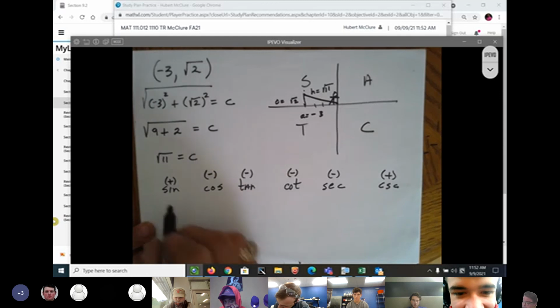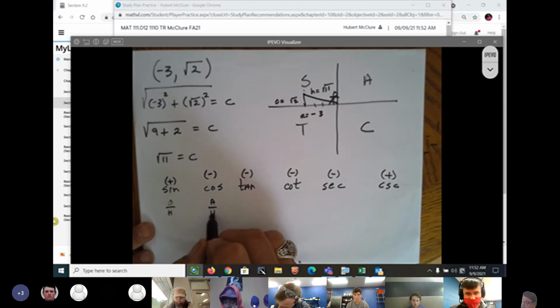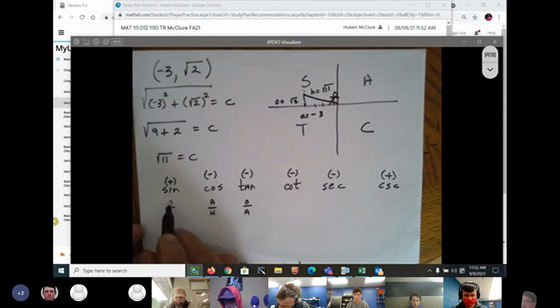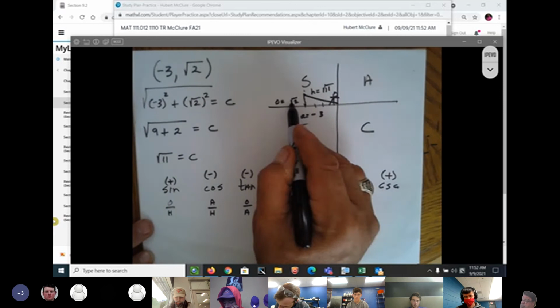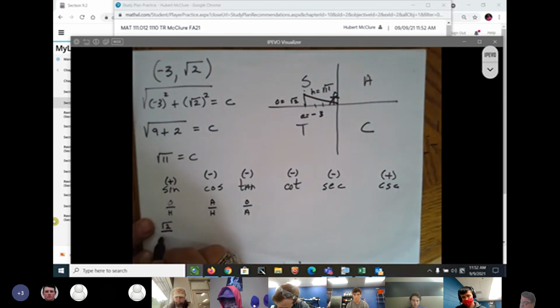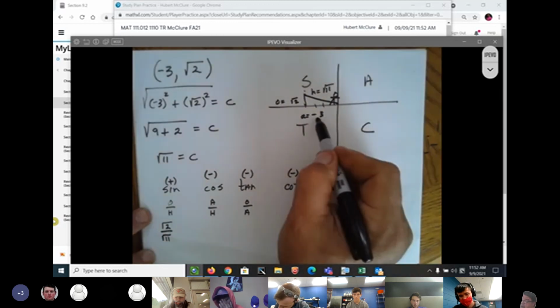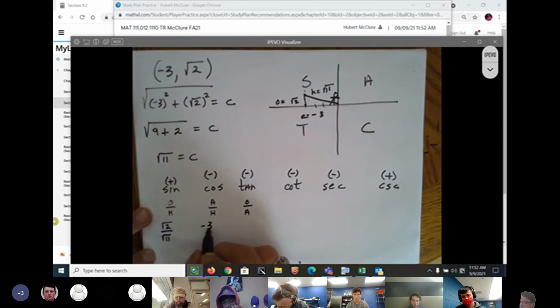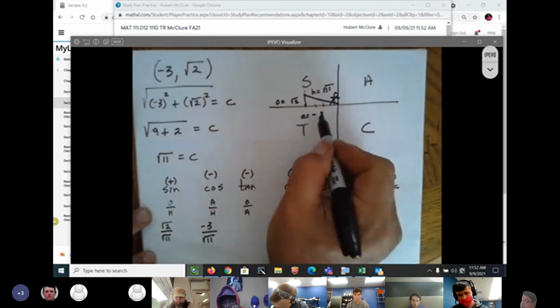So here we go. Sine is the opposite over hypotenuse, the square root of 2 over the square root of 11. Cosine is adjacent over hypotenuse, -3 over the square root of 11. And tangent is the square root of 2 over -3.